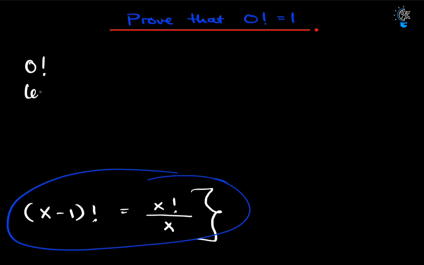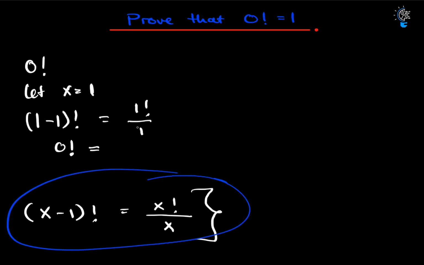We can say let x be equal to 1, a number that is greater than 0. So that once we plug 1 into x, we're going to have 1 minus 1 factorial is equal to 1 factorial divided by 1. This part will give us 0 factorial, which is the number we wanted.